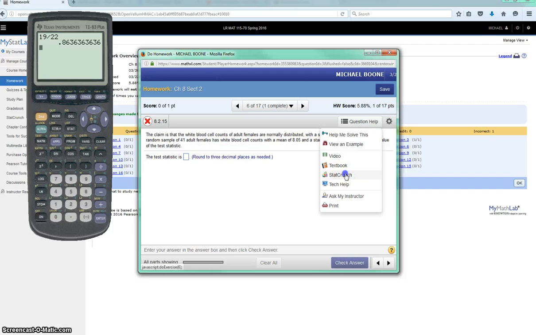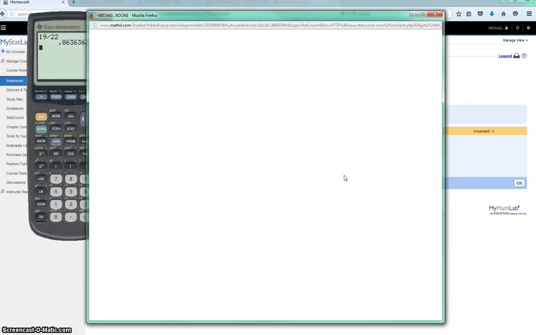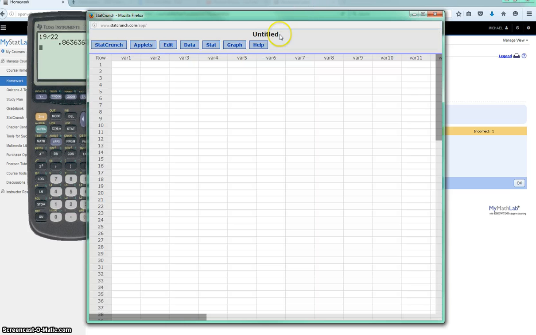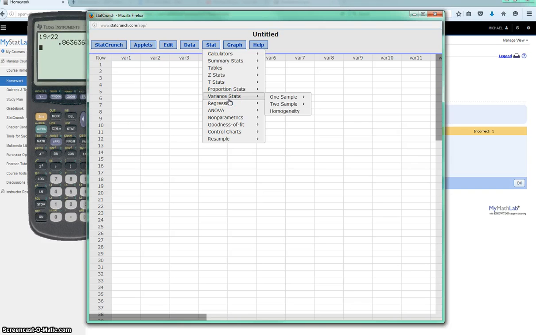So, similar to the last section, if we want to find information about the standard deviation, I think we used the calculator for maybe a chi-square, but also under variance stats, we looked at doing confidence intervals for the standard deviation or variance.